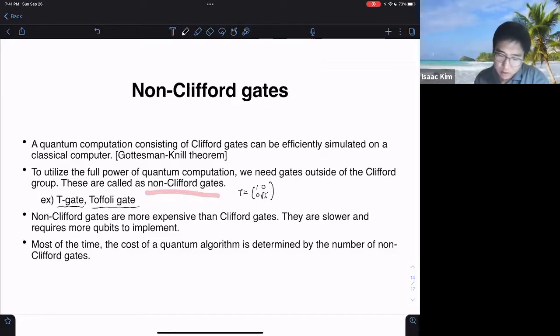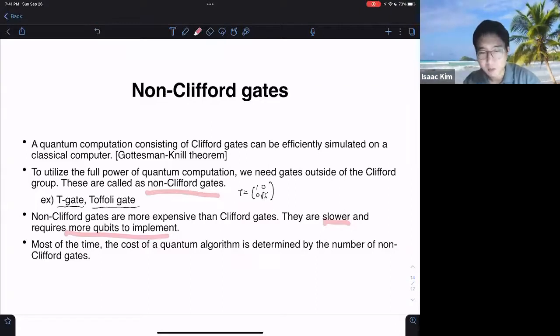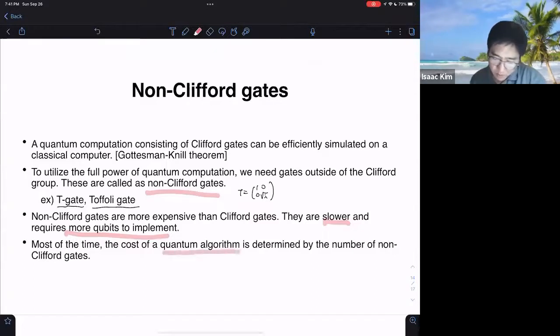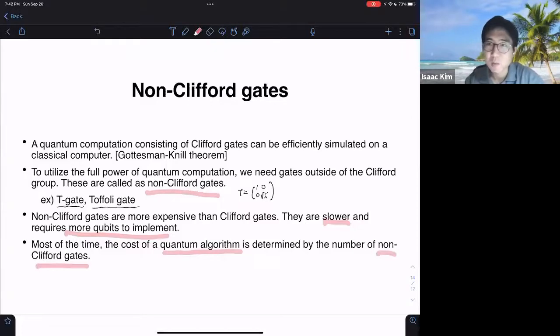They are much slower, and they also require more qubits to implement. So almost always, except for maybe some pathological counterexamples, the cost of the quantum algorithm is really determined by the number of non-Clifford gates, at least when it comes down to the time complexity of the algorithm. So it's important to distinguish between the number of Clifford gates and the number of non-Clifford gates.